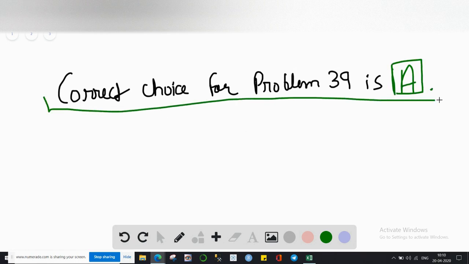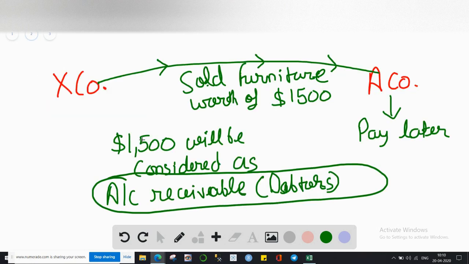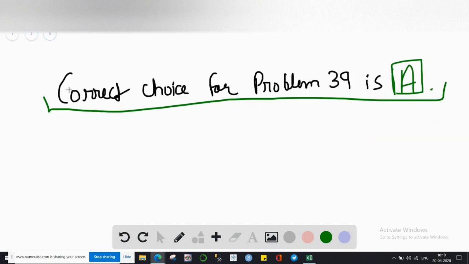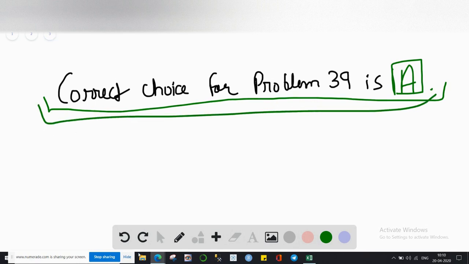Because for accounts receivable, the transactions of selling or purchasing goods to customers and from suppliers will happen on a day to day basis. So that is why our correct choice for problem 39 is A. That's all for the solution. Thank you.